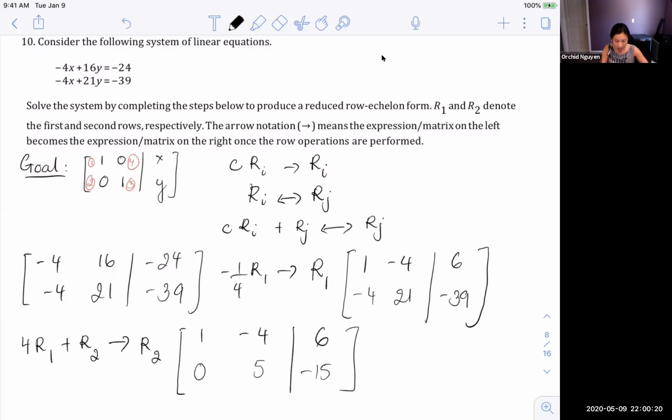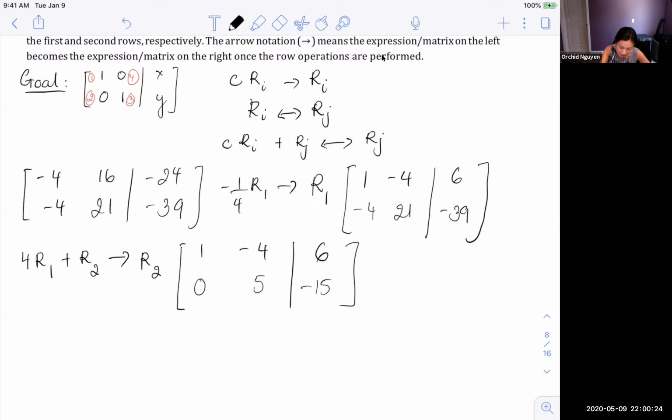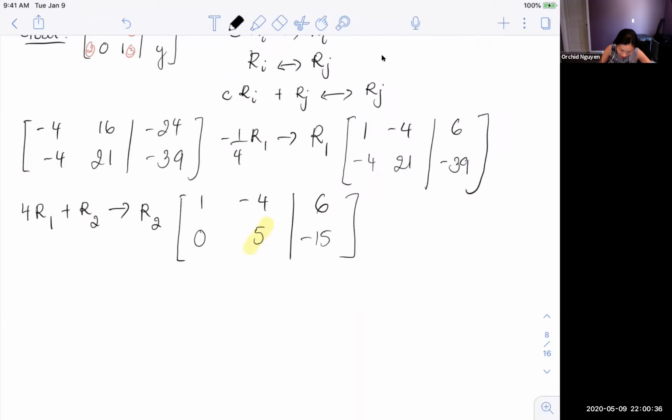All right. The next thing I need to do is make that one equal to 1. So how do we do that? We can just divide by 5, or you can think of it as multiply 1/5 by R2 to get R2.